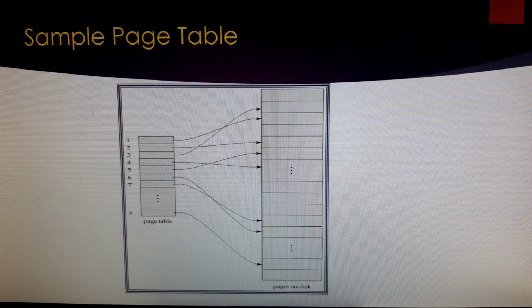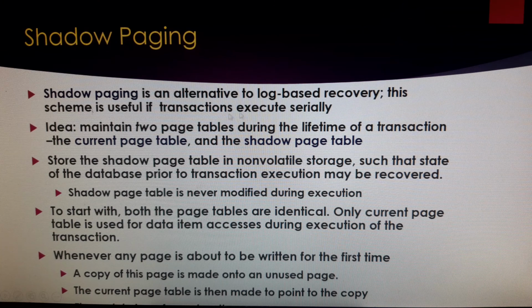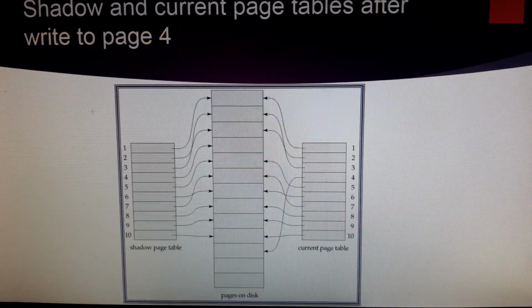So the shadow paging technique is simply an alternative mechanism to log-based recovery. Here also you maintain the shadow page table, and based upon that you identify whether the particular transaction is committed or not. If the shadow page table is also pointing to the pages on the disk, it means it is committed.